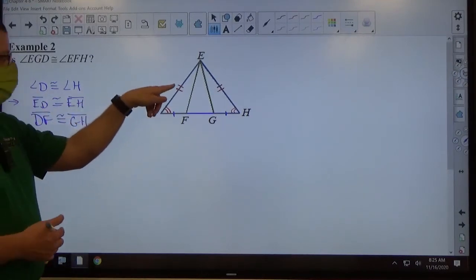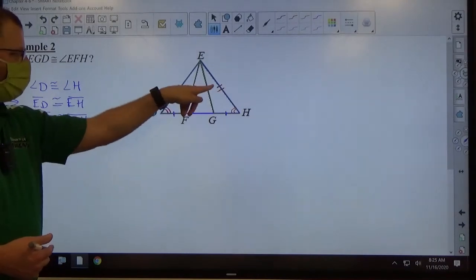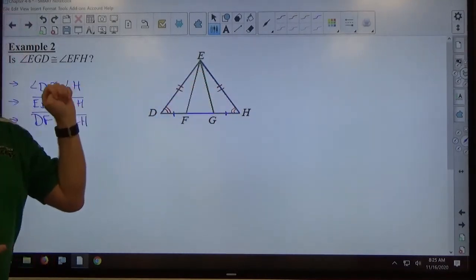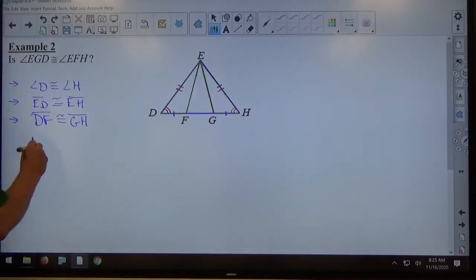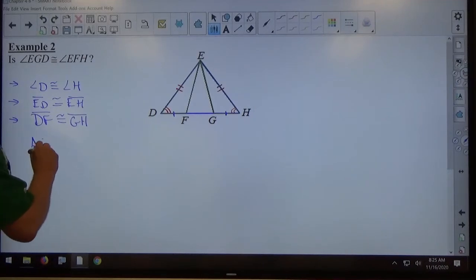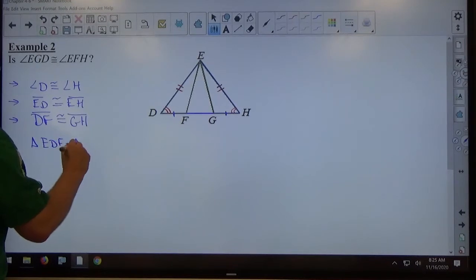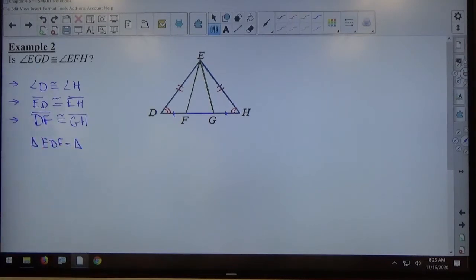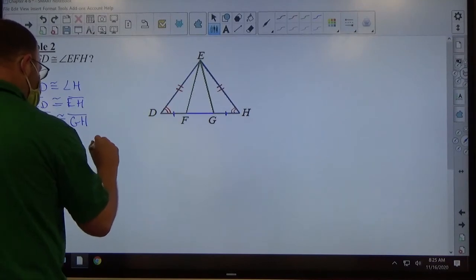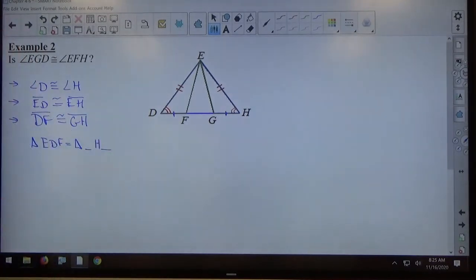These two triangles here are side angle side congruence. We got that going on there, right? So I know the triangle, let's call it EDF on this one, is congruent to triangle something. We got to make sure we name it correctly. So I know that D and H correspond, D in the middle, H in the middle. I need the first and last letter.